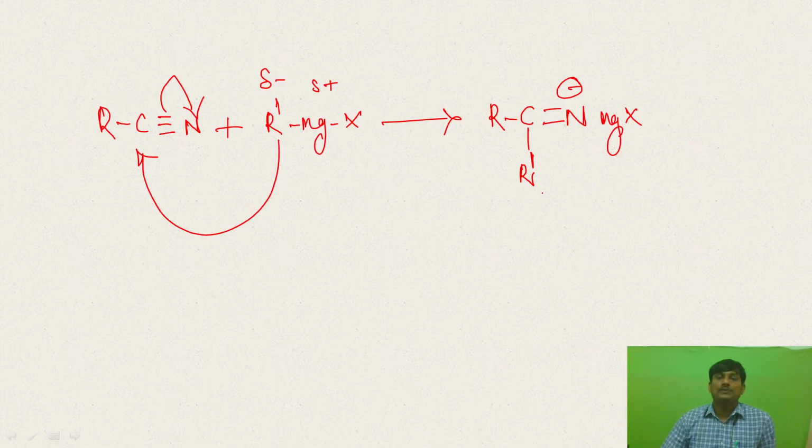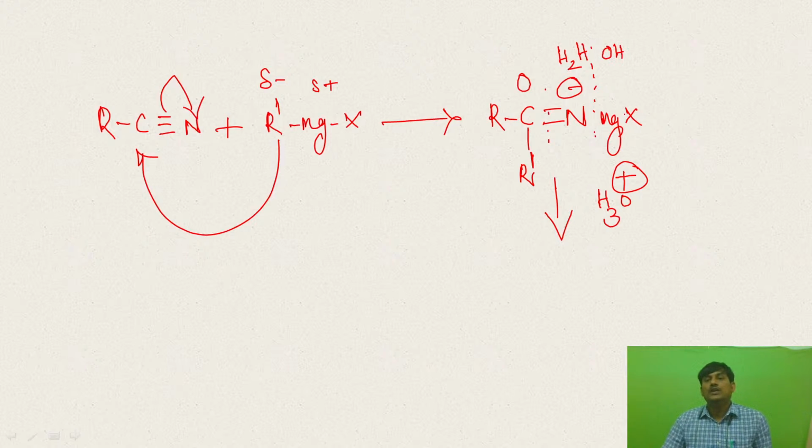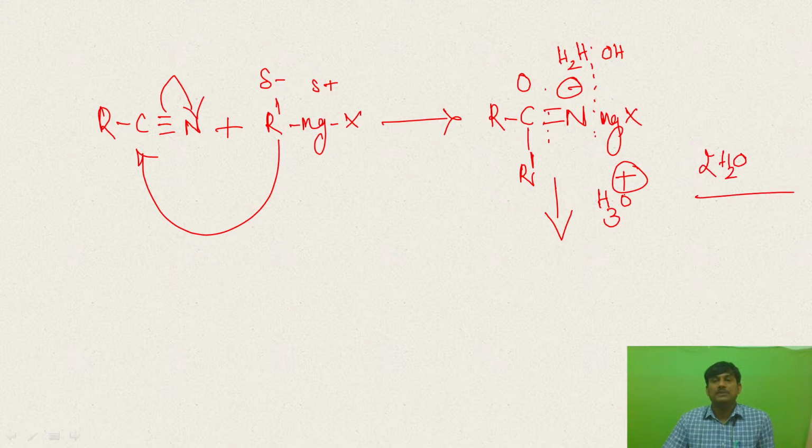Suppose you perform acidic hydrolysis, H3O plus. Simply here there is an insertion of oxygen, here 2 hydrogens, and here also there is acidic hydrolysis, an insertion of 1 hydrogen, and an insertion of OH. So finally 2 equivalents of H2O molecules participate.